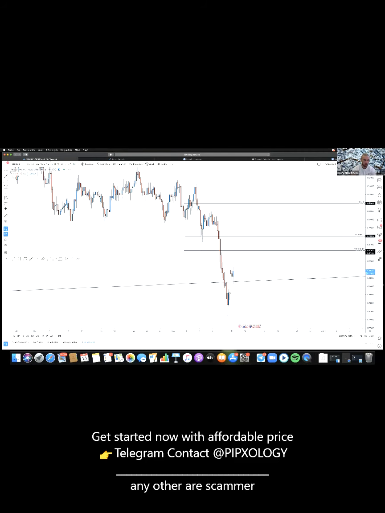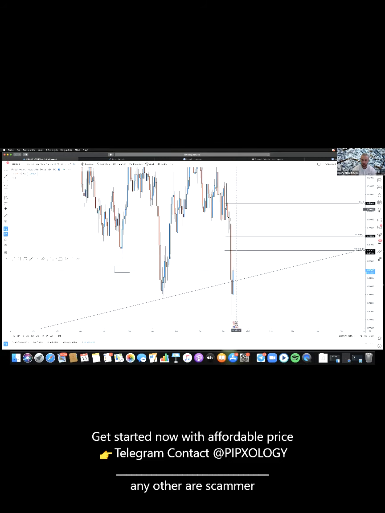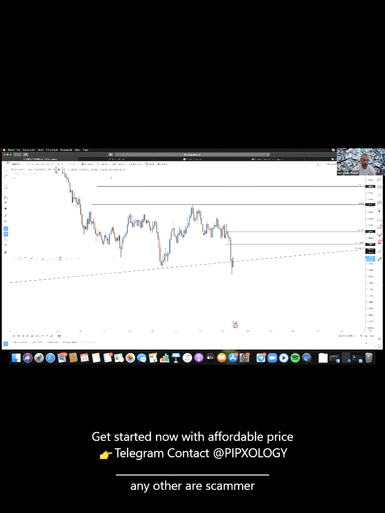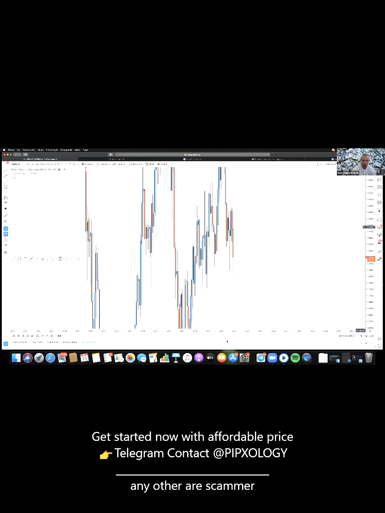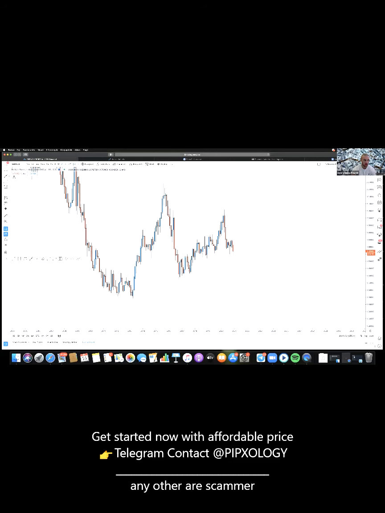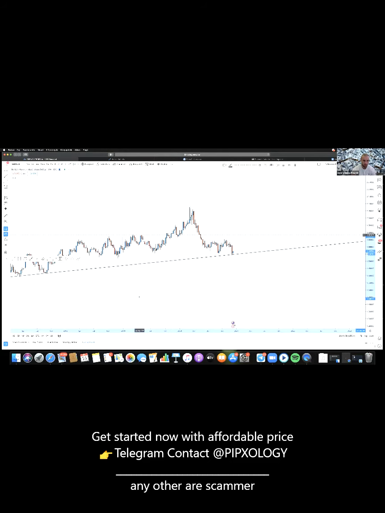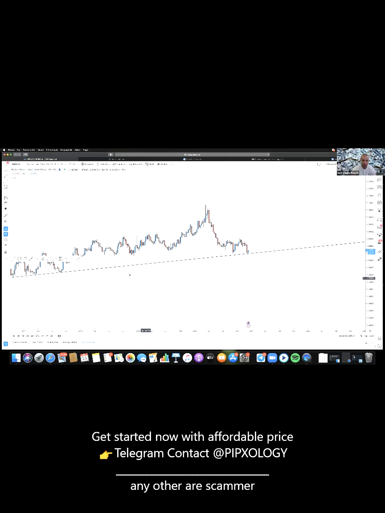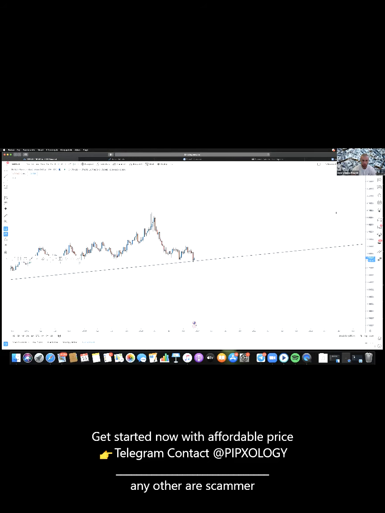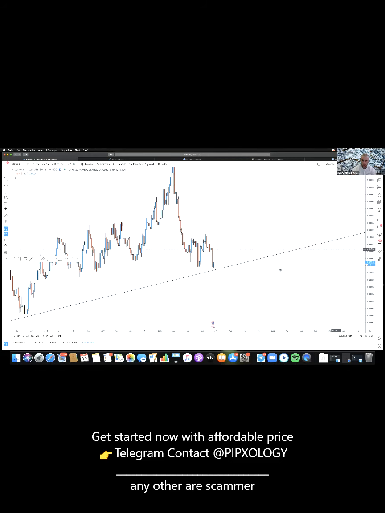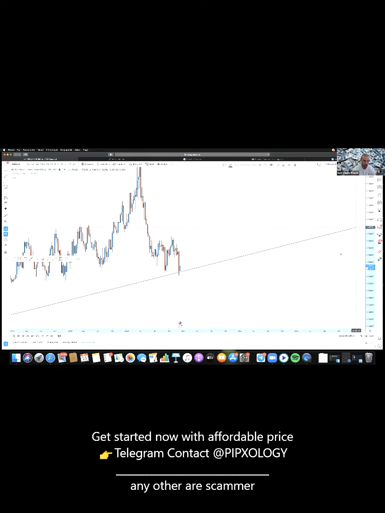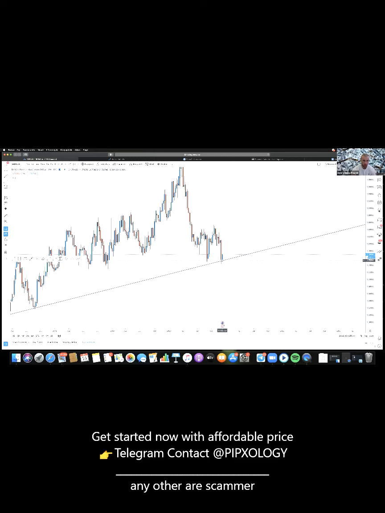AUD. So GBP looks like it came back to the trend line. If I adjust it a little bit, it looks like it's still respected.